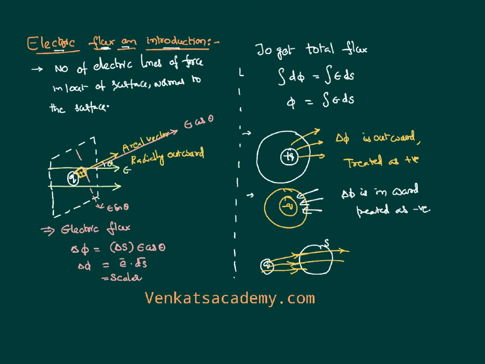Not only coming, they are also going out. So the incoming flux is equal to the outgoing flux. As incoming and outgoing flux are equal, effectively there is no flux. So flux will be there in a closed surface only when the charge is inside the closed surface. If the charge is outside, there is no flux due to it at all.